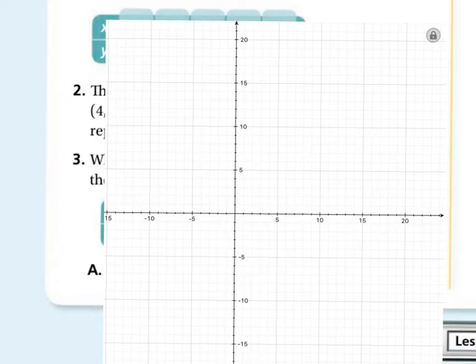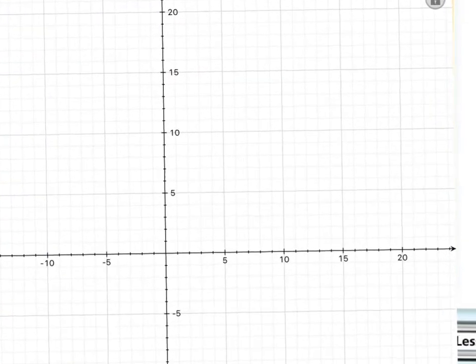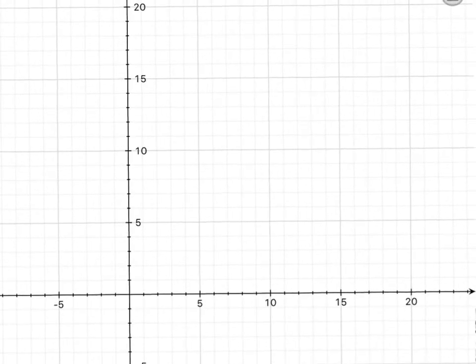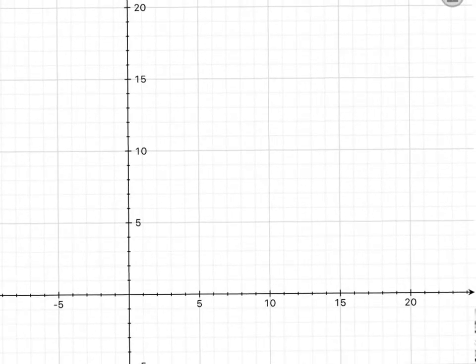If we graph these points, then we've got 0, 12, 1, 13, 2, 14, 3, 15, 4, 16. Okay, so if we graph those, if you look at that, those do make a straight line. So that would be linear.